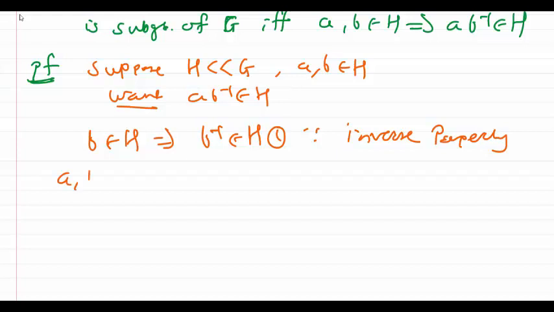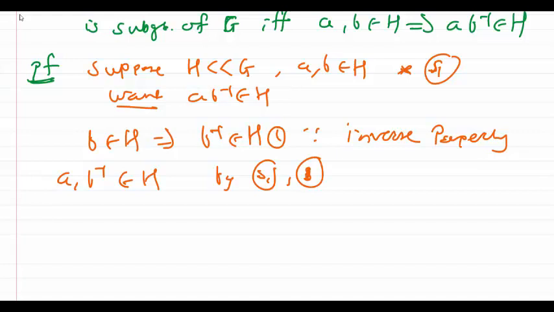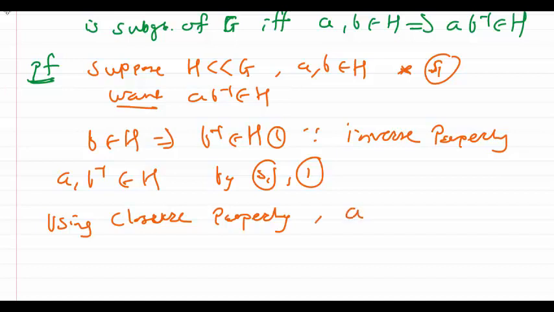And a already belongs to H. So a and b inverse belong to H. Using closure property, we have to show a b inverse belongs to H. Closure property tells that if c and d belong to H, then c d belongs to H, product in H. So we get a b inverse belongs to H. Hence proved. Okay, we proved only one part.